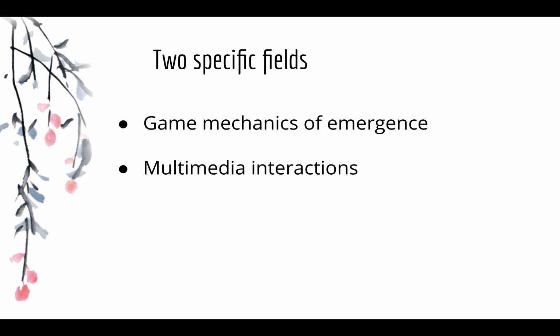The book Game Mechanics: Advanced Game Design introduces game mechanics as two types. One is mechanics of progression, and the other is mechanics of emergence. The first one is more about a linear approach, like telling a story, but the second one is about combining different small game elements to form a complex gameplay experience.